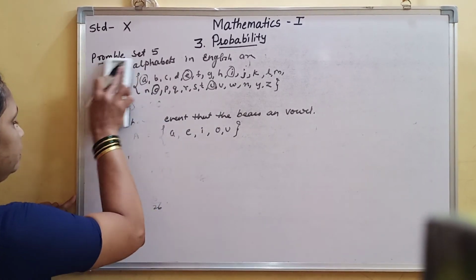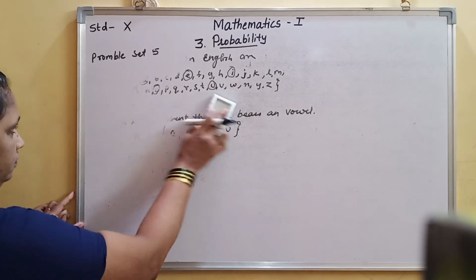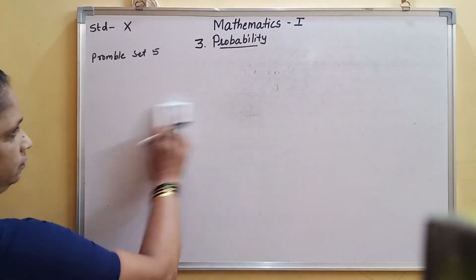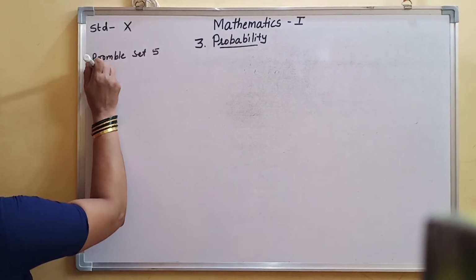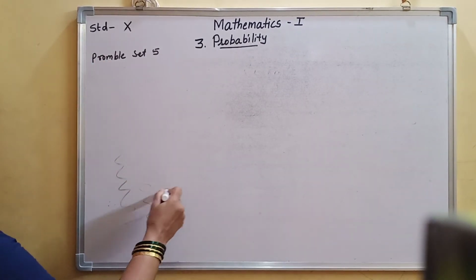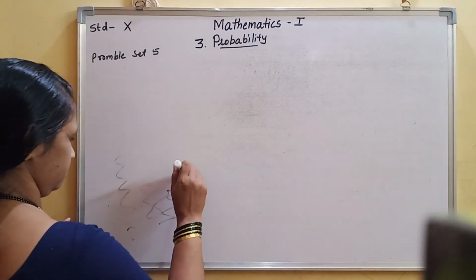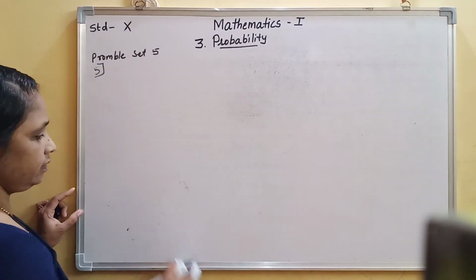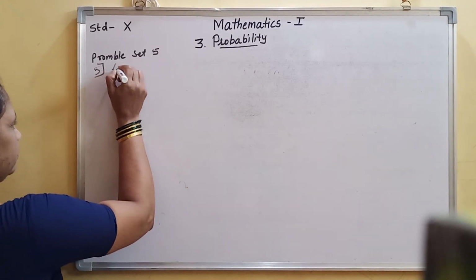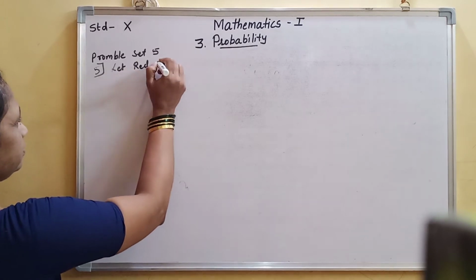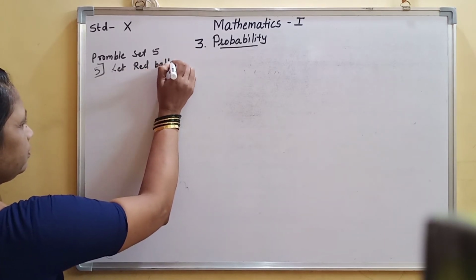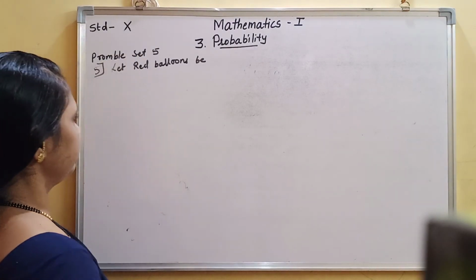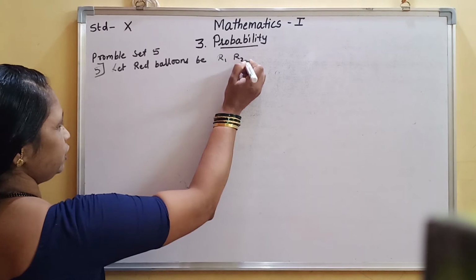Now, question number 5. A balloon vendor. Let red balloons be R1, R2.